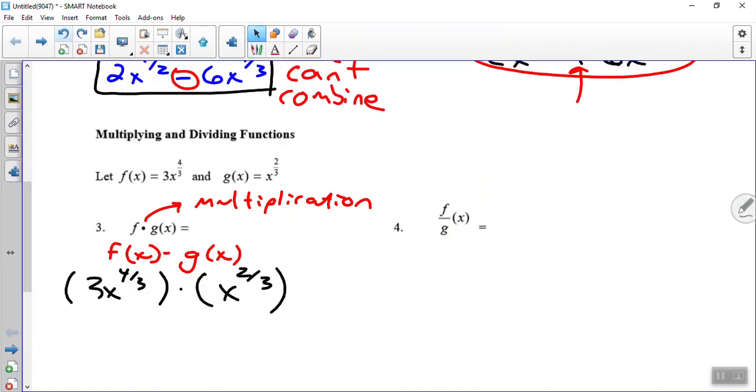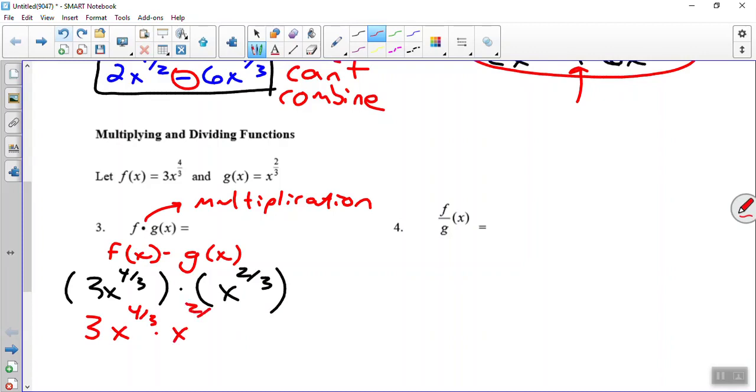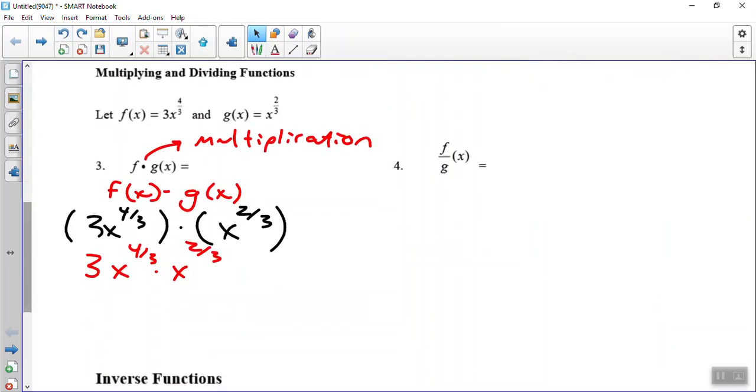Okay, we can rearrange this. I know I put parentheses, but you can rearrange this so you get 3x to the 4/3 times x to the 2/3. So what do you do when you're multiplying variables of the same base? What do you do with those exponents? We add those, okay?